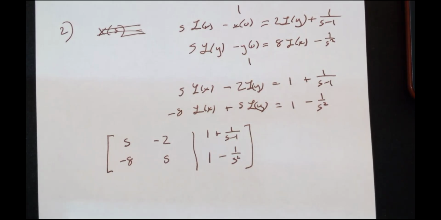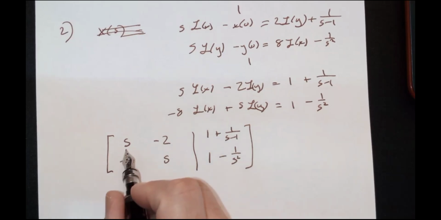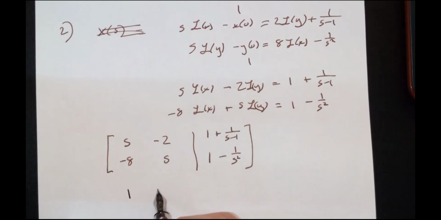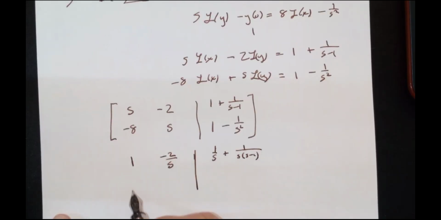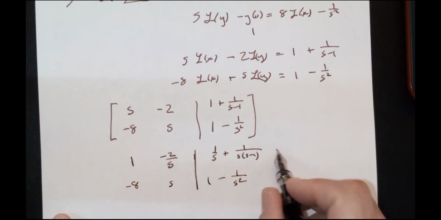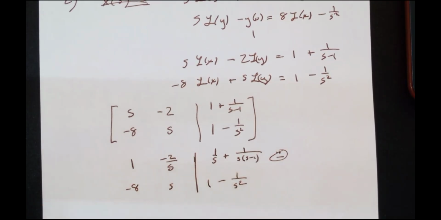See, because my first reaction is I want a 1 here. So I'm going to divide by S. So I get 1 minus 2 over S. And then here I get 1 over S plus 1 over S times S minus 1. Yeah, I'm going to have to do partial fractions within this, aren't I? So is it any easier?